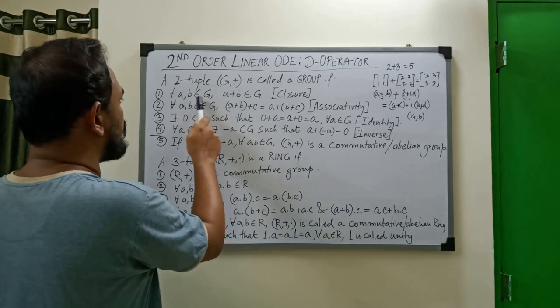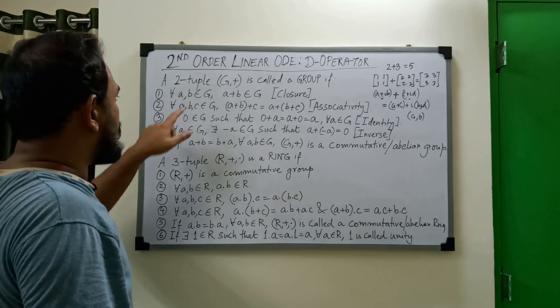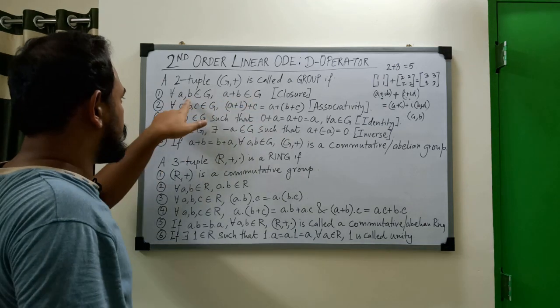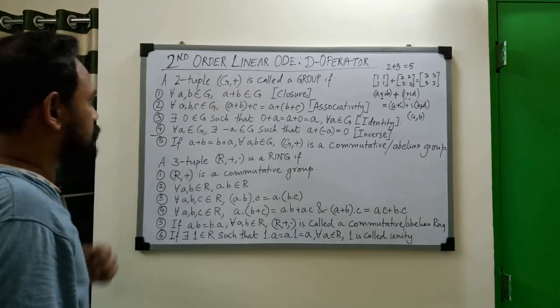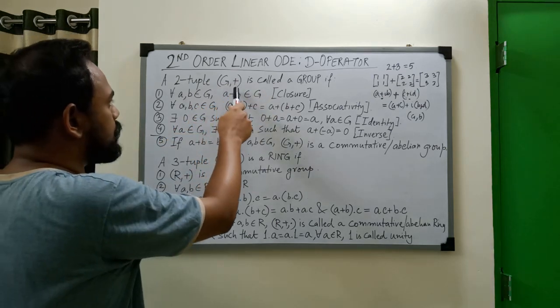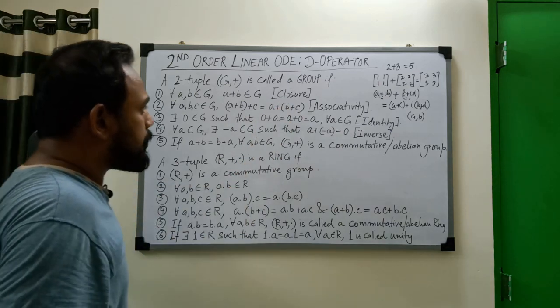So the addition must be defined in a manner that it will be closed in G. In other words, take any two elements, add them, that must be an element of G. Then this addition sign would follow the closure property. It should be associative.